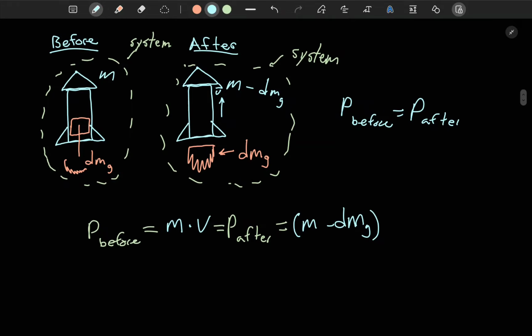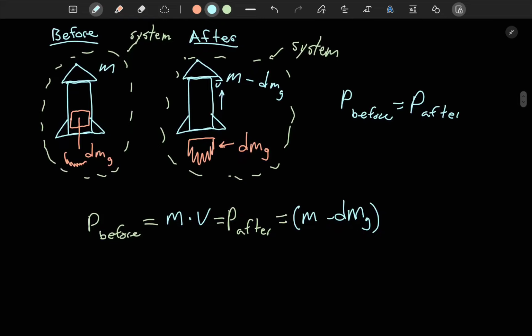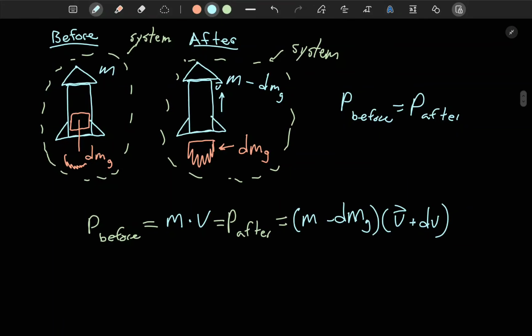Continuing on, we're going to have this times a velocity, our new velocity, which is going to be the original velocity plus a small increase in that velocity. Then we also need to consider the momentum of the gas. So we're going to add this small mass dmg times the velocity.